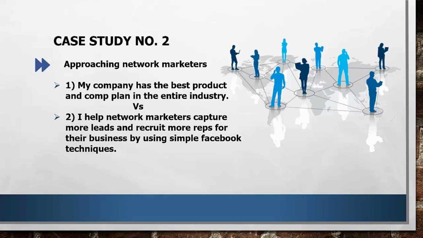All of them are saying that they have the best product and best comp plan, blah, blah, blah. But on the other hand, if they take a bridge approach where they will be helping the person to generate more leads and recruit more reps for his business, who doesn't want to get more people for their business or to get more of what he wants? And it uses simple Facebook techniques. So again, you are creating a bridge, directing them to their own niche or industry.